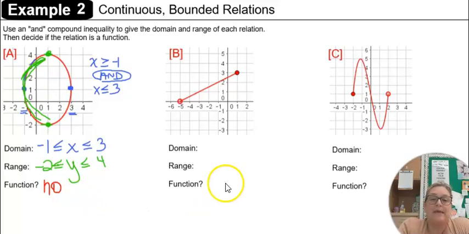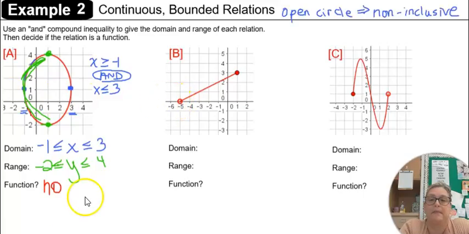Okay, in example B, the domain is our possible x values, and the open circle here at -5 indicates that it is non-inclusive. So open circle, non-inclusive, that means that the lower bound here on the domain, -5, is going to be strictly less than the x.